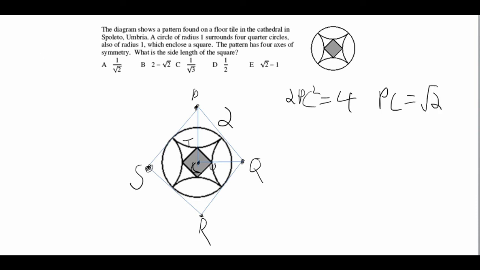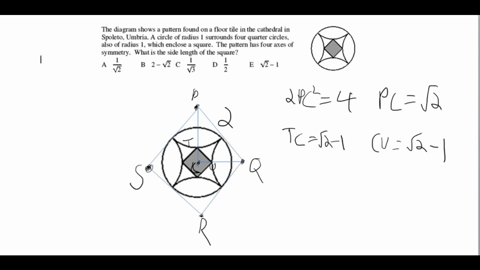And because we know that the length PT is equal to 1, we know that the length TC is equal to root 2 minus 1. We also know that because of the symmetry of the figure, the length CU is also root 2 minus 1. So CU is equal to root 2 minus 1.